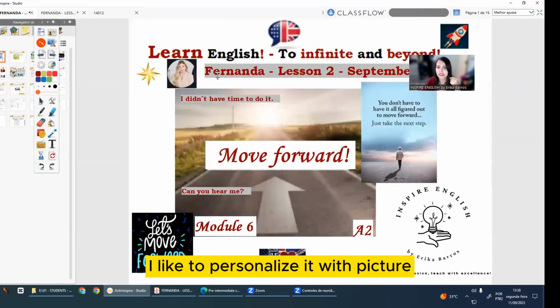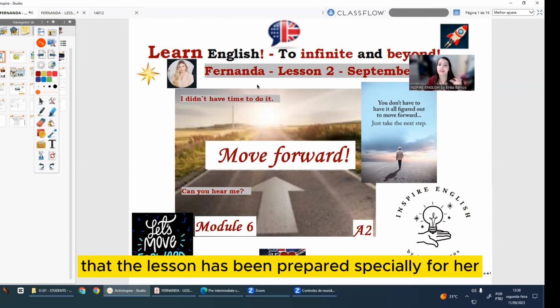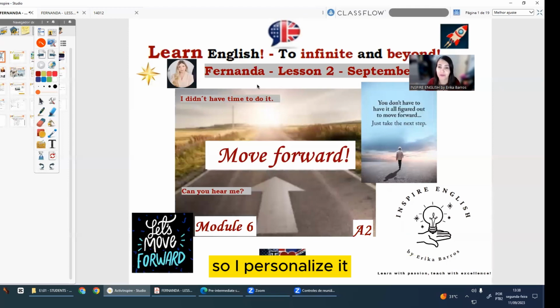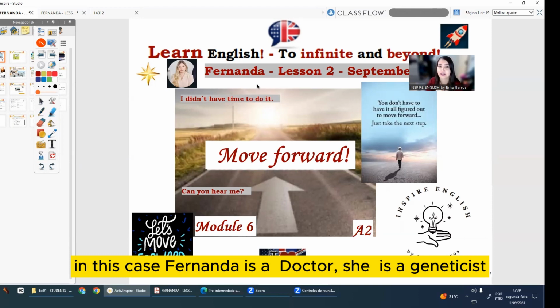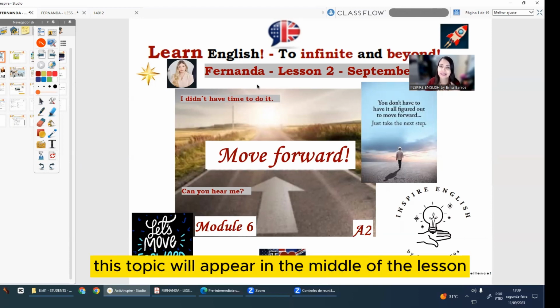I like to personalize with pictures, so that the person always has the impression that the lesson has been prepared especially for her. I usually include songs that they like or something they mentioned before, so I personalize it. Or maybe I use ChatGPT to create questions related to the person's reality. In this case, Fernanda is a doctor. She's a geneticist. So in the next lessons, this topic will appear in the middle of the lesson.